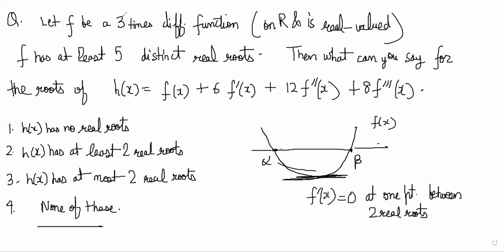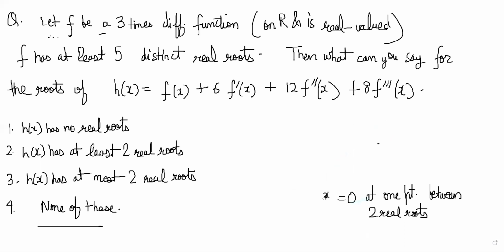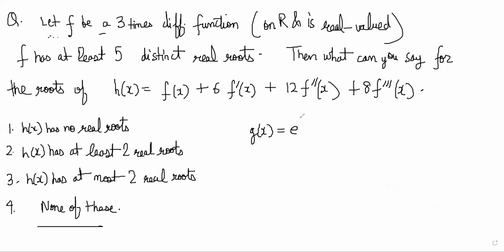So these types of questions are slightly tricky ones where you have to imagine a new function and apply concepts on those new functions. So I will just show you what has to happen here. Let's imagine a new function g of x. Let's say g of x is equal to e power x by 2 times f of x.